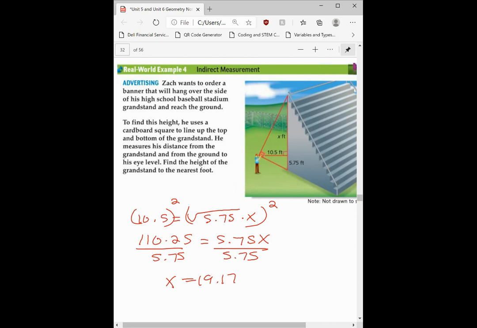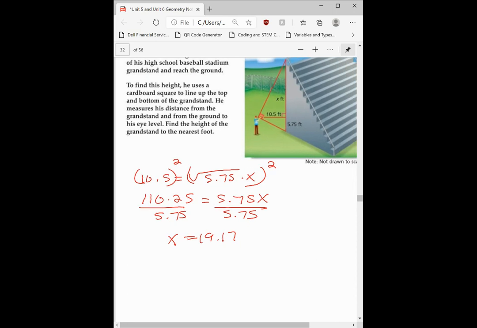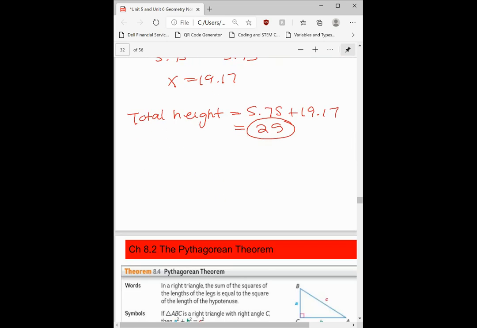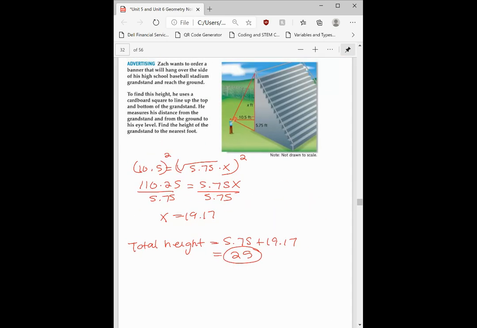The height of the grandstand is the total length of the hypotenuse and the measure we just found. Well, the hypotenuse is 5.75. So the total height equals 5.75 plus 19.17, or in other words, about 25 feet. So that was rounded. And that concludes 8.1.